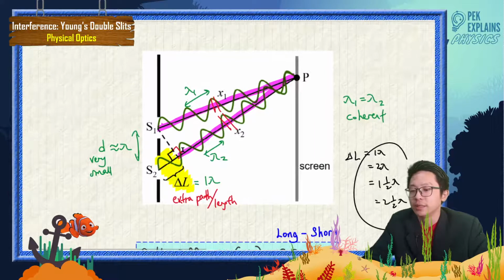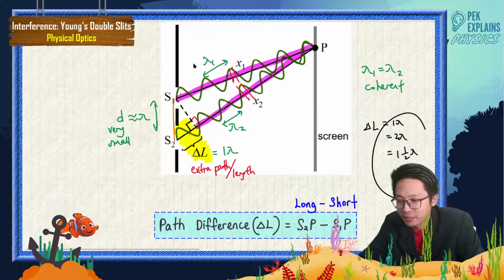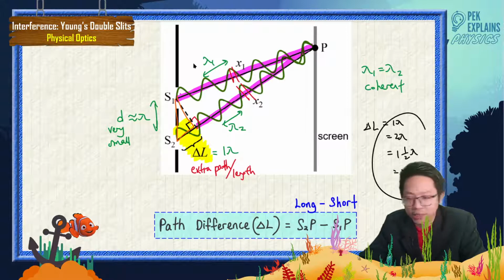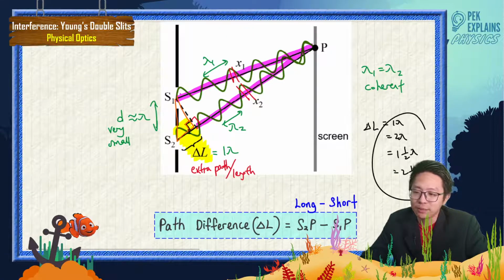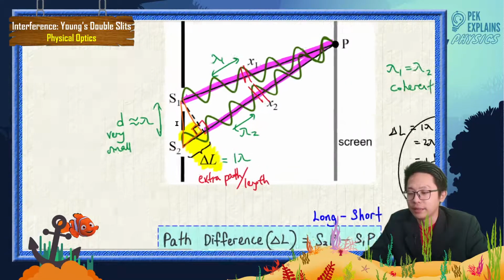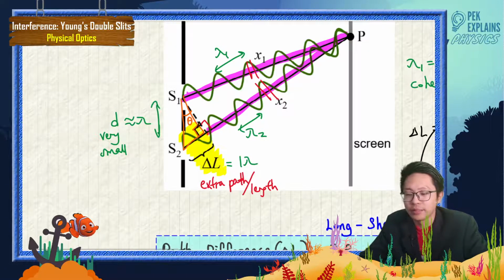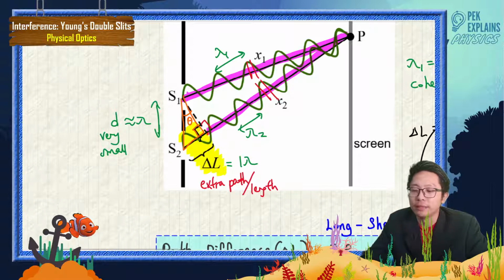So here you can see there is a small triangle over here, which is a right angle triangle. This part is the delta L, the path difference. Our theta is over here, and this is the right angle triangle. So this part is the delta L, the extra distance traveled by the second wave.